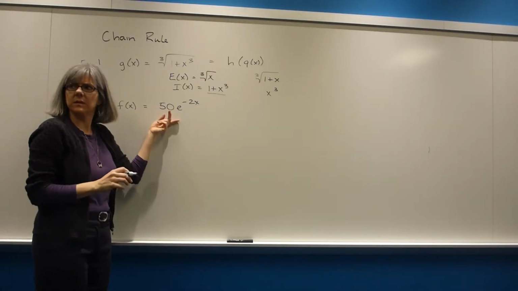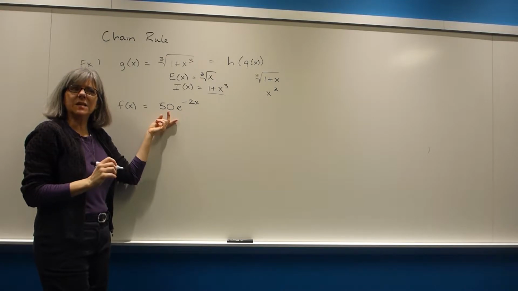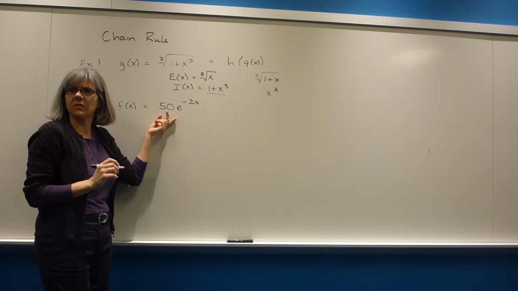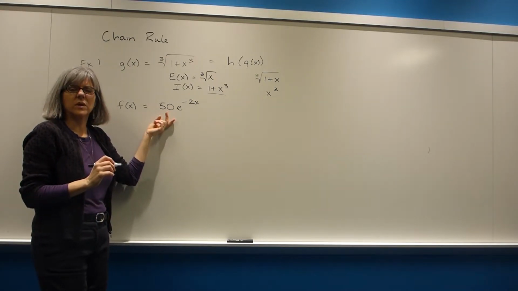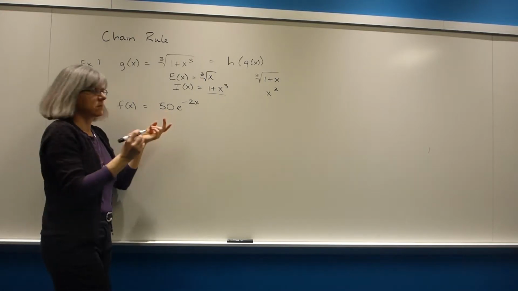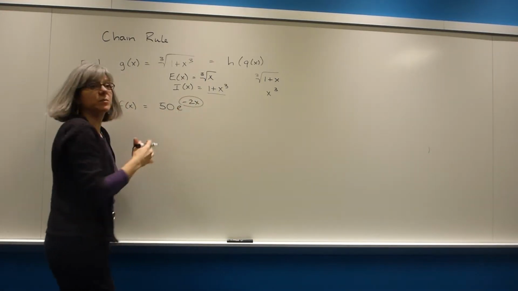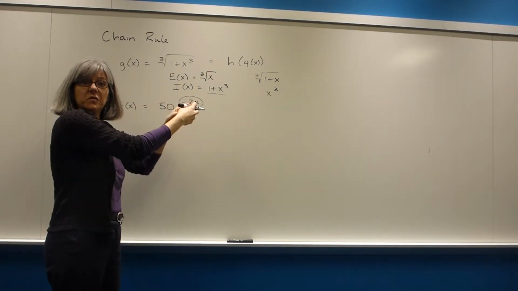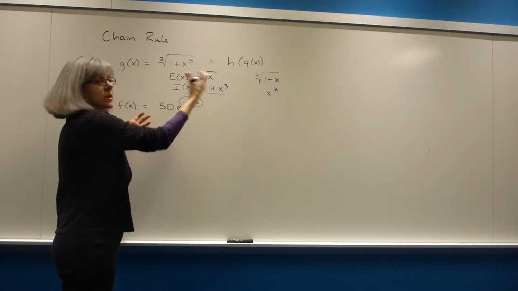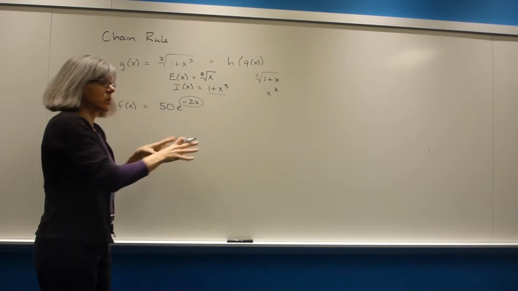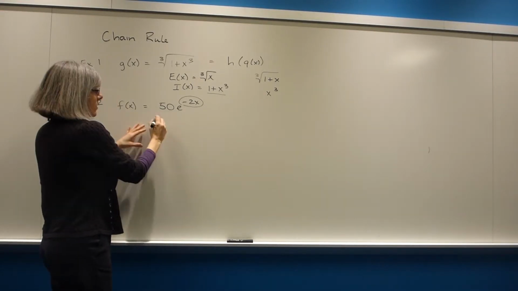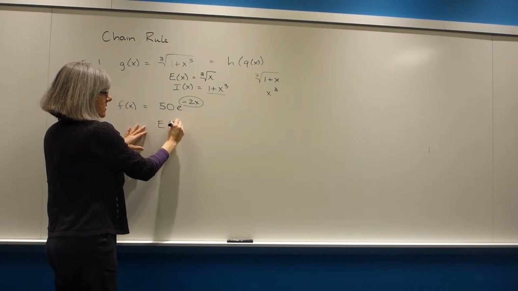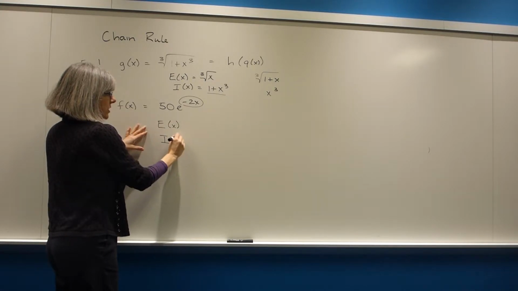What about this one? What is the inside of an exponential? Where's always the inside? The exponent. That's the thing, you're going to take whatever x is, multiply by -2 first, and then you're going to exponentiate it. So when you're looking at an exponential function, the way I would probably write this is the inside function is just the exponent.